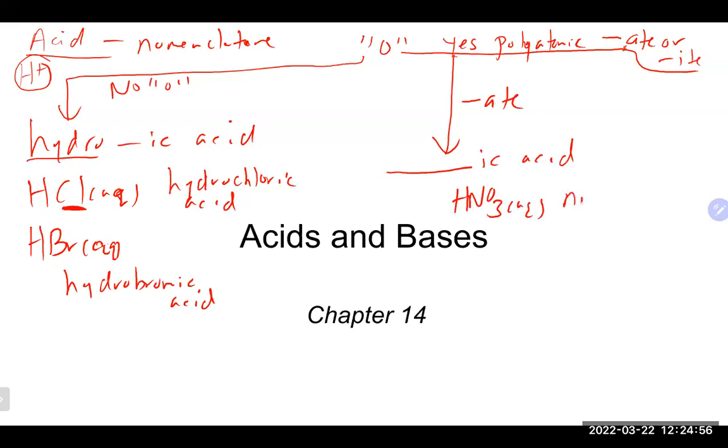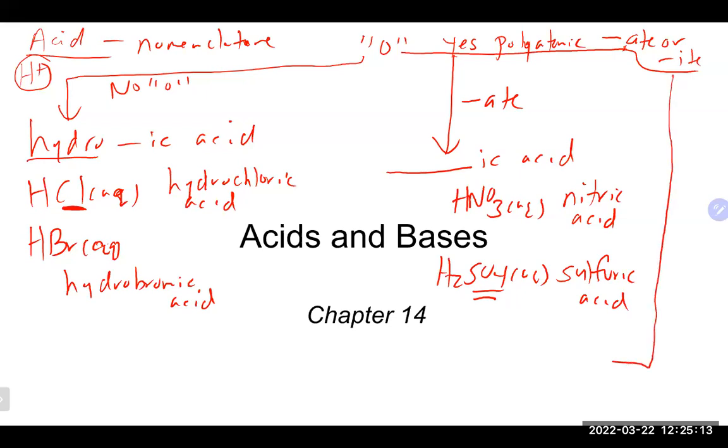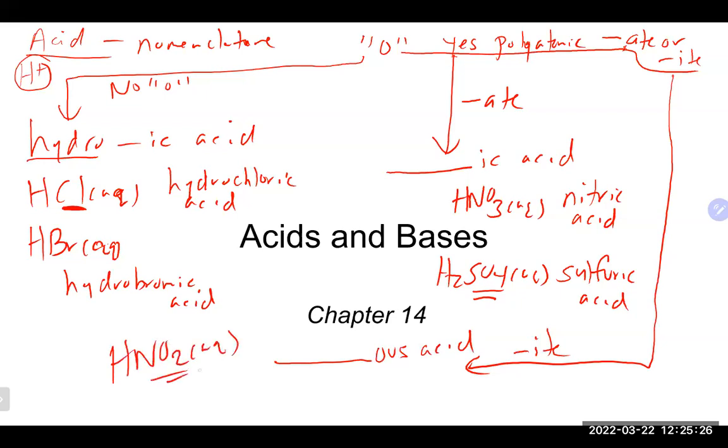This becomes nitric acid. H2SO4. SO4 is sulfate. That is sulfuric acid. If your polyatomic ion ends in ite, then it is something-ous acid, like HNO2. NO2 is nitrite. That becomes nitrous acid.